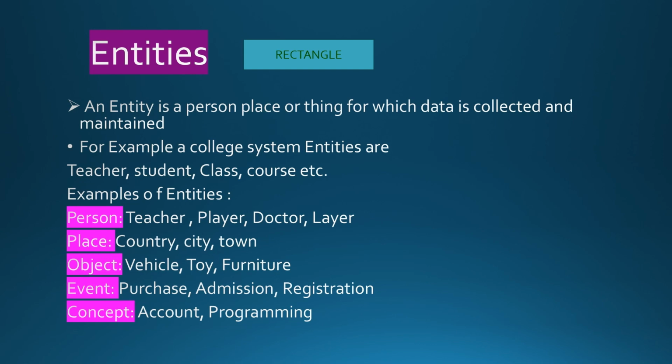Object can be any object like vehicle, toy, furniture. Event: purchase, admission, registration, these are different events. And concept like accounting, programming, these are different concepts. So entity can be a person, place, object, event or a concept for which data is required.